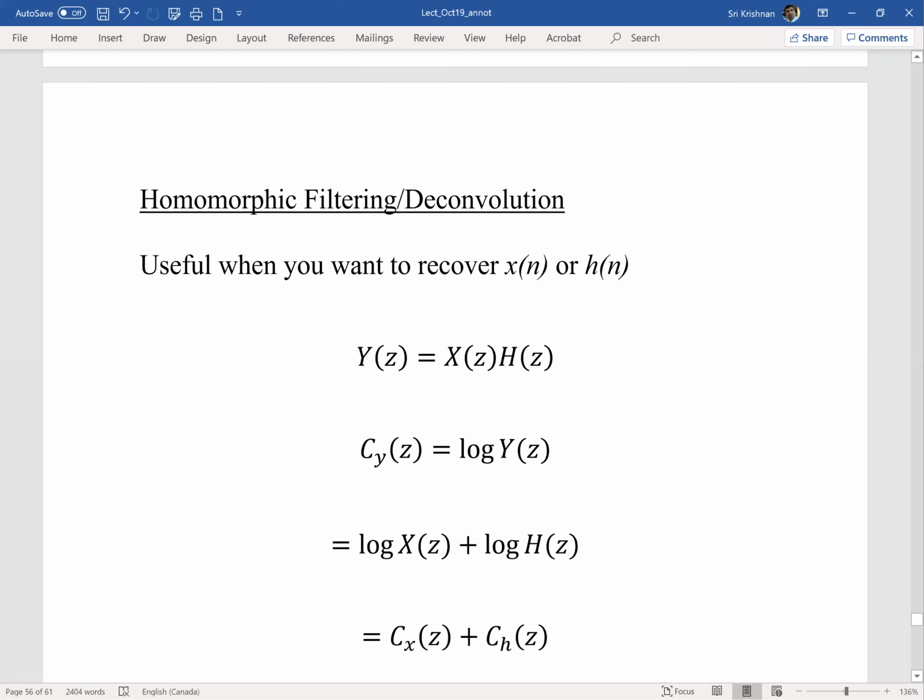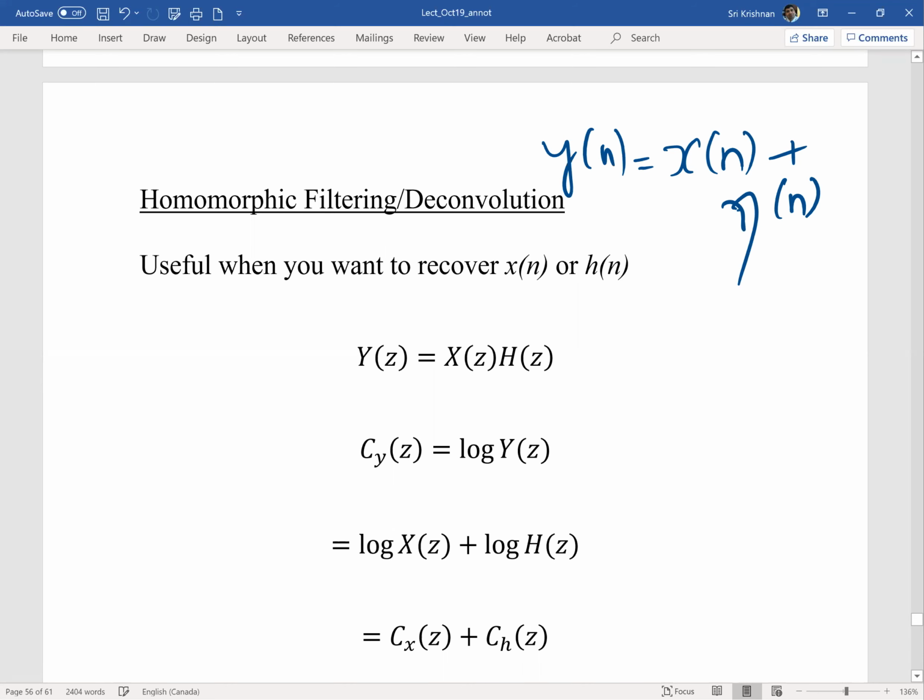Why is this needed? Because so far in this course, we have assumed the noise that's added to the signal is always additive. In other words, if you have a signal x[n], we are assuming you have noise, eta[n], added to that, and this would be the output y[n].